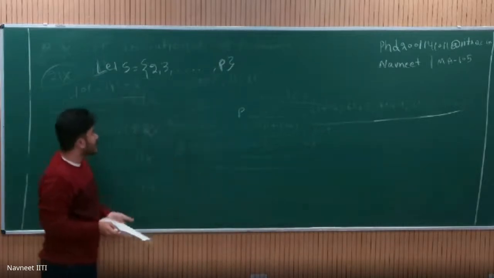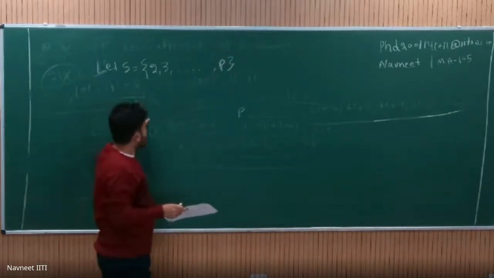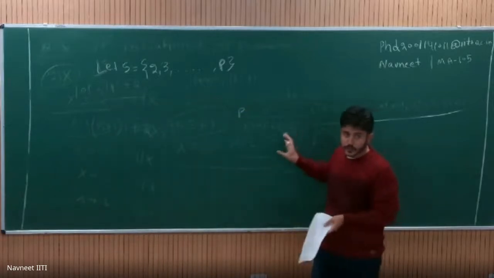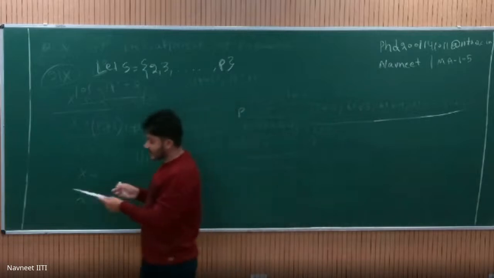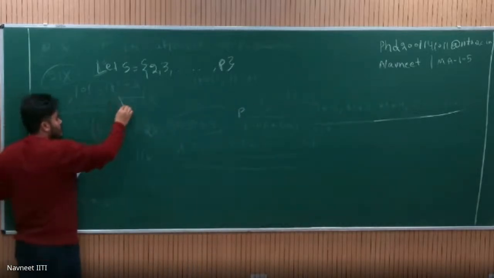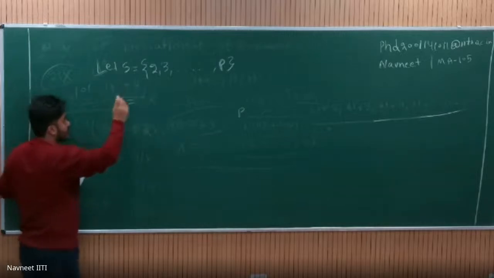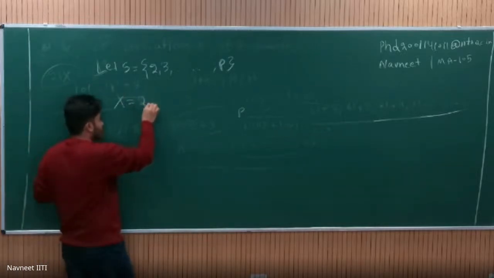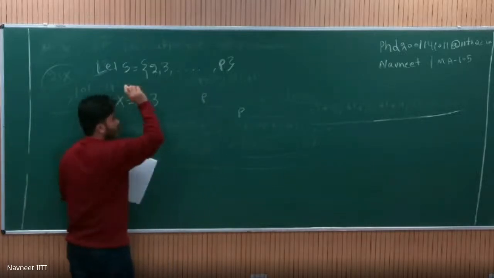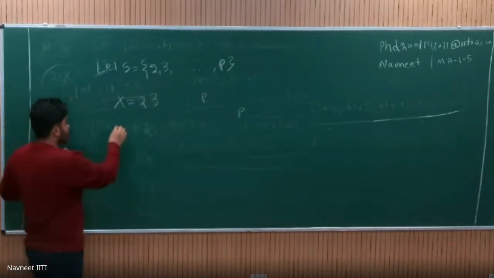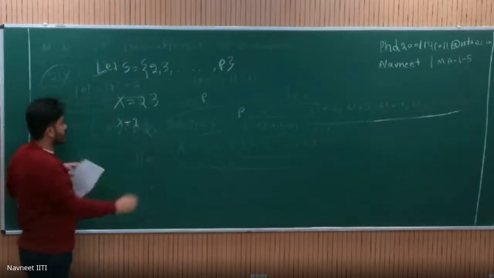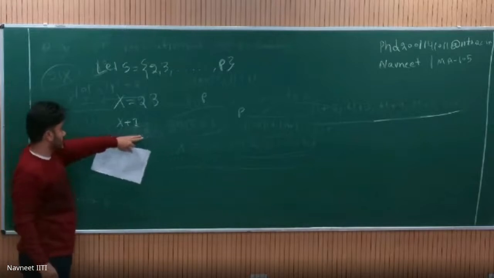But our claim is that this cannot happen. Actually, it should be infinite. Then, as someone has already suggested how we can approach that question, let us define some x. Let x be equal to 2 into 3 up to p. Now define a new number x plus 1.